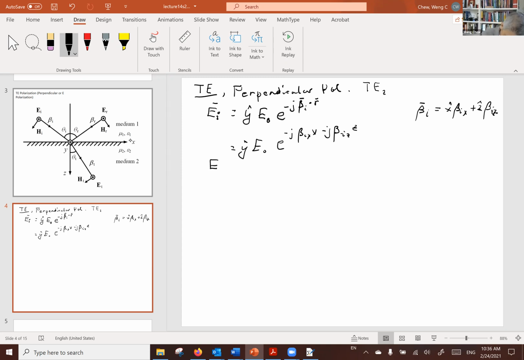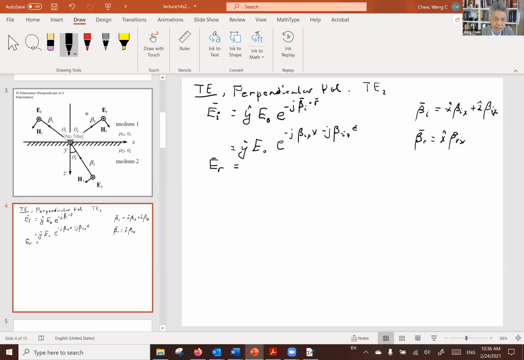Then in region 1, I have a reflected wave as well, with a beta vector that propagates in that direction. So beta R has a positive x component, but a negative z component, as you can see from the picture.